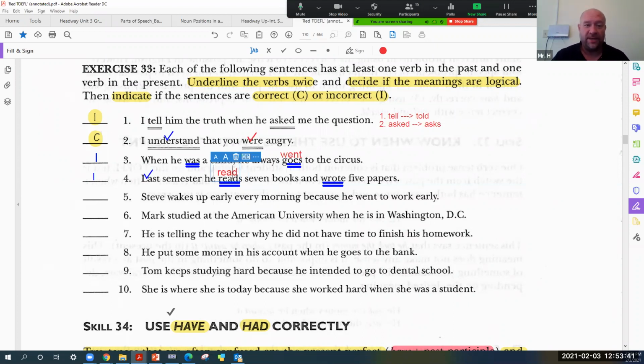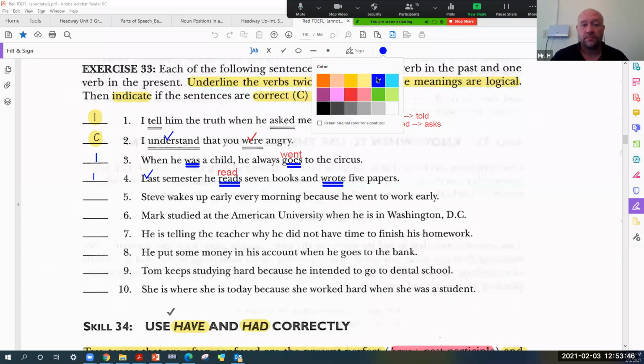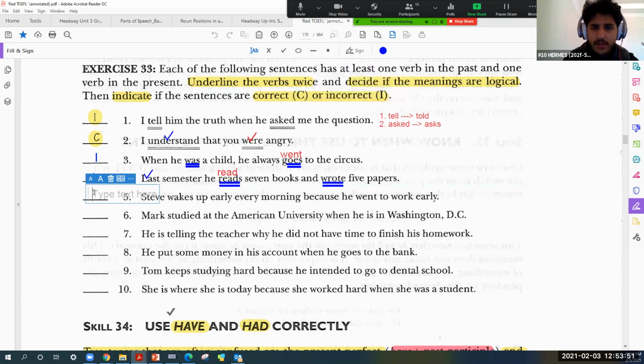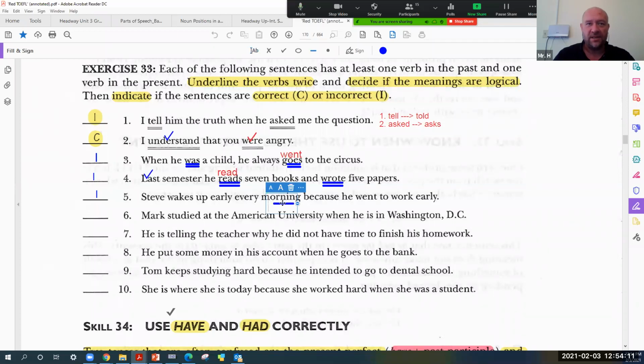Okay. All right, Hermes, give me the next one. What do you think? Steve wakes up early every morning because he wants to read. Don't read it. I know you have a great voice. Just tell me, is it correct or incorrect? I think it's incorrect. Really? Why? Where do I put the lines? In the verb action, wakes, it's a verb, and the present simple.